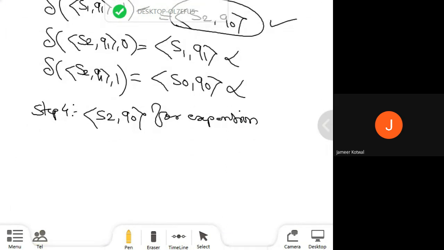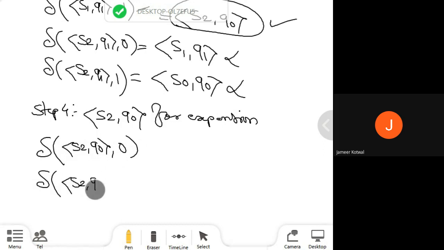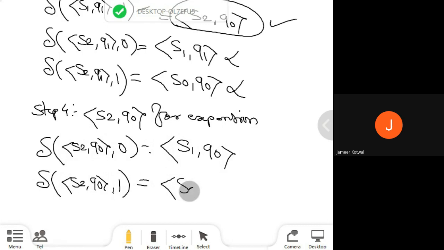Here the same process again: the transition of S2 Q0 on process 0 and S2 Q0 on process 1, and check in which state they reach. If I process 0, it will reach S1 Q0, and with 1 it will reach S0 Q1.